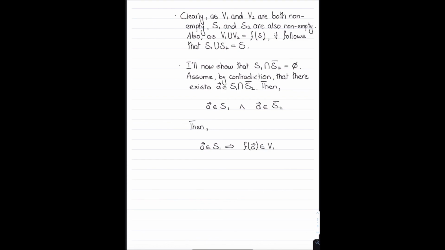So that's the first thing. We know that if A is in S1, then f of A is in V1. That just follows immediately from the fact that A is in S1. There is no complication over there. f of A is well defined.